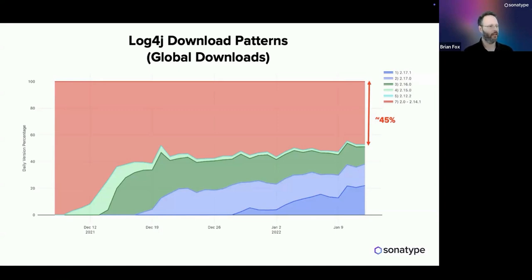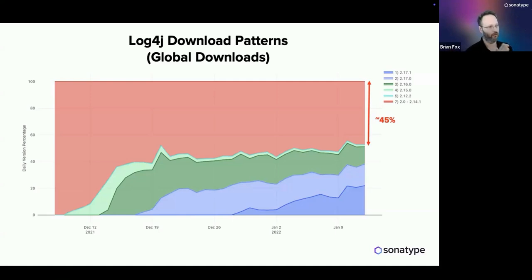So that red, what this whole thing is showing is the percentage of all of the downloads that are happening day over day of the different versions of Log4j, how many of them were known to be vulnerable, right? So the red means after the 0 day, people were continuing to download it at this percentage.